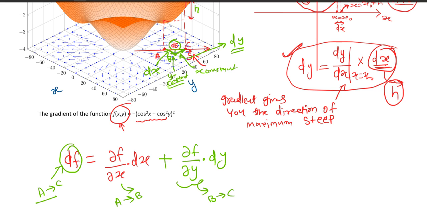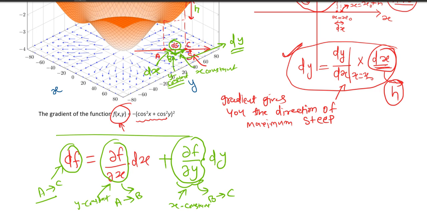So here we kept the x constant, and here we kept the y constant. So this is called the partial derivative of the function with respect to x, and this is the partial derivative of function f with respect to y.